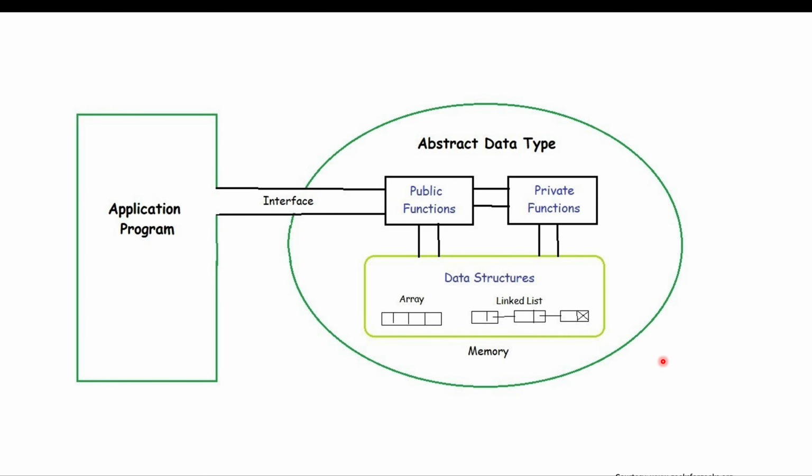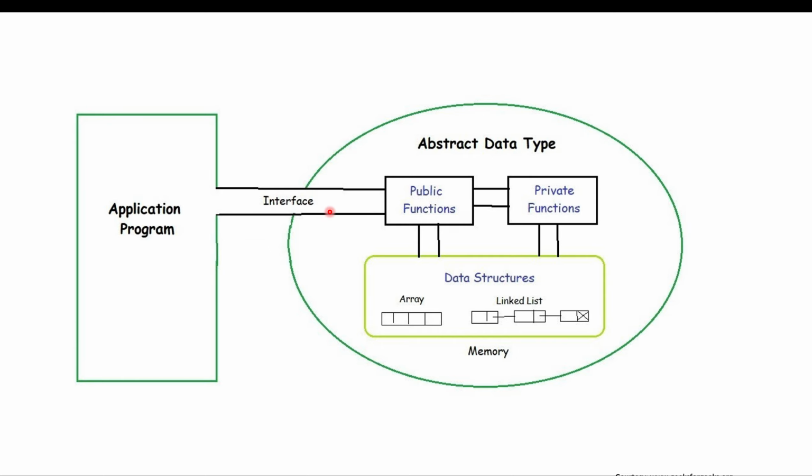So there is a clear demarcation between the various public functions, private functions, as well as the data structures and how they are stored in the memory. All of these basically constitute the abstract data type, and this abstract data type is accessible from the application program, that means from the user level program, with the help of an interface.